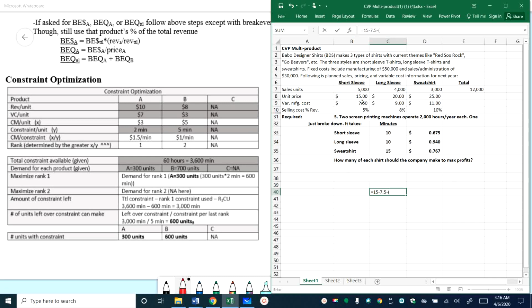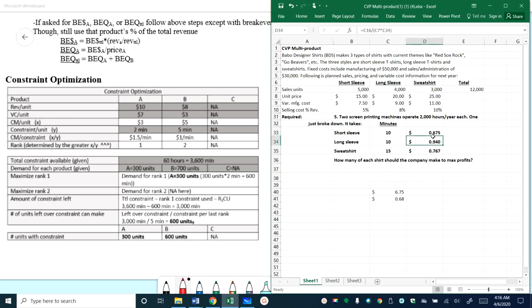So this minus that, times 0.05, and that will give you your contribution margin. And if you take 10 minutes to make that, then contribution margin divided by the 10 minutes equals $0.68 around there per minute. So you're going to do that for the rest of these.